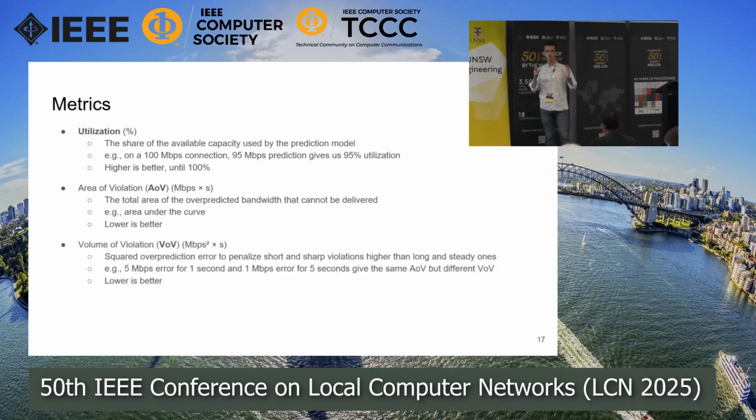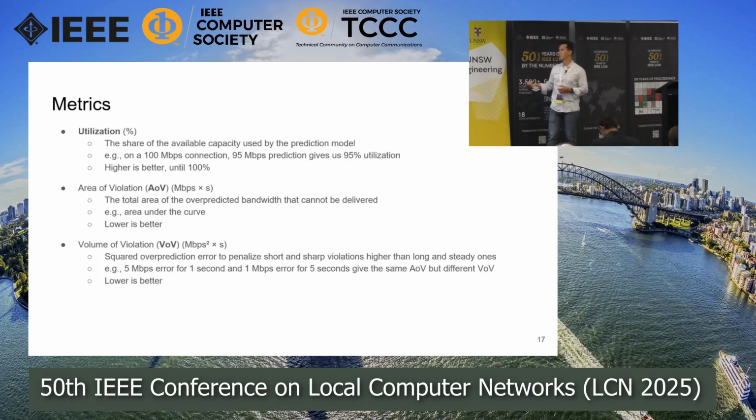Having a bursty short error, like 5 megabits of error, as I wrote in the slides, for 1 second is equal to 1 megabit of error for 5 seconds. They give the same area, but they have much different characteristics. So when we look at the area of violation, we cannot understand whether our error is a bursty error or just a small error over a long time.